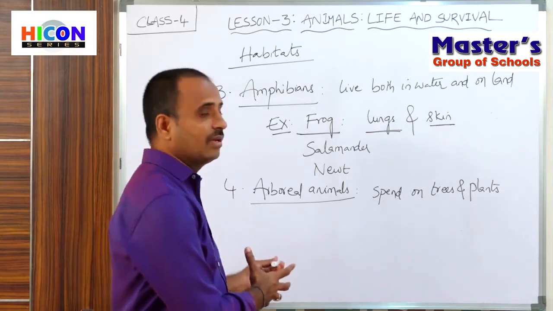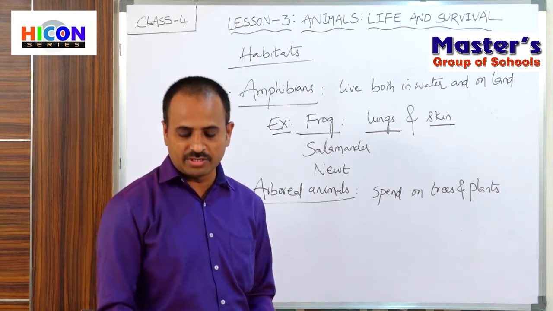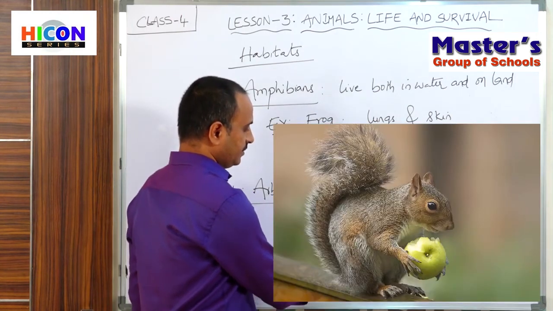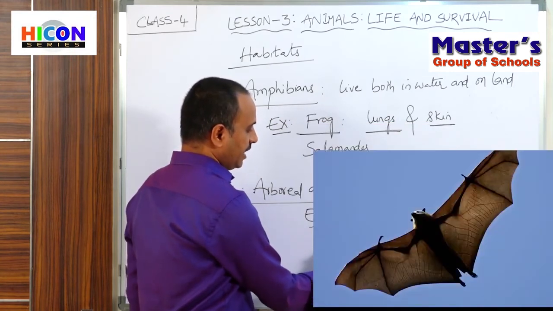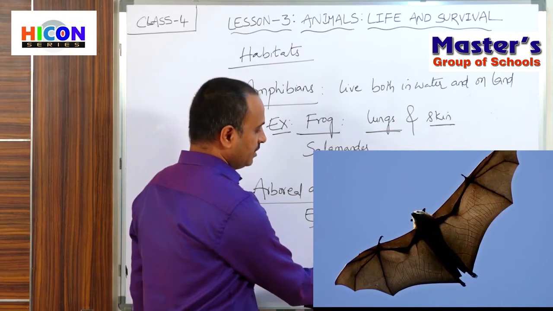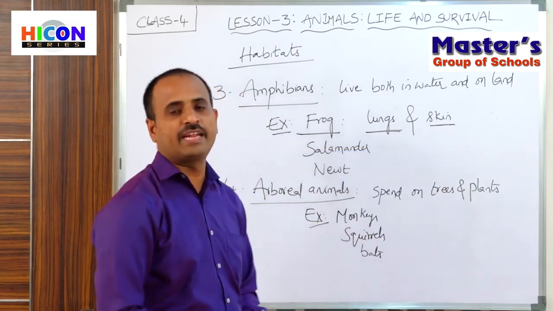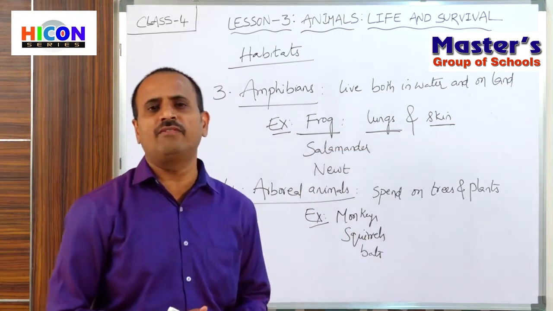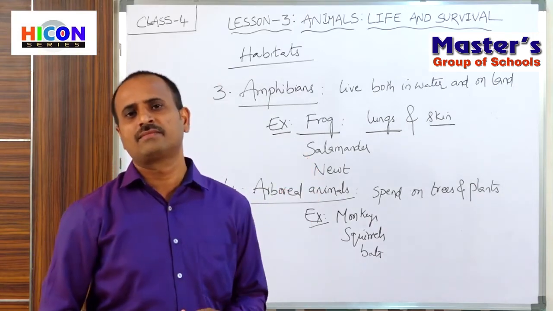So those are called arboreal animals, and the examples for the arboreal animals are monkeys, squirrels and bats. So children, these are the examples. If you observe monkeys, they always live on the plants and on the trees.